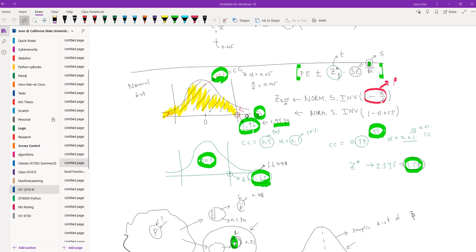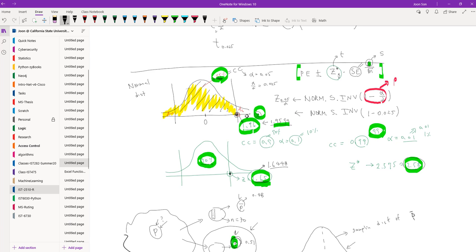For the normal distribution, when the confidence coefficient is 95%, the Z value is 1.9599. When the confidence level is 90%, the Z value is 1.6448, roughly 1.65.